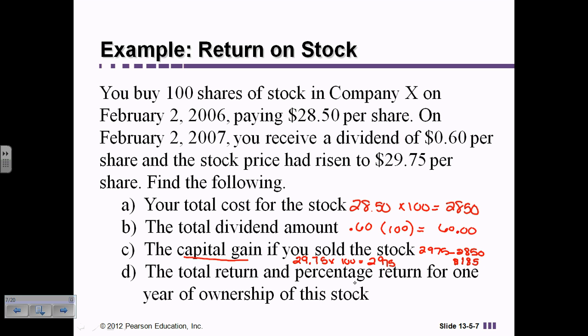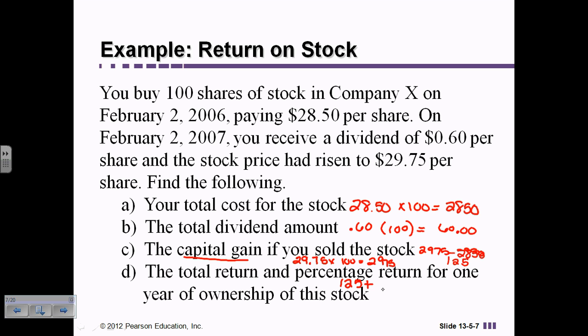So the total return would be the gain so far, plus, oops, I wrote down something wrong. Sorry, this is $125 gain.